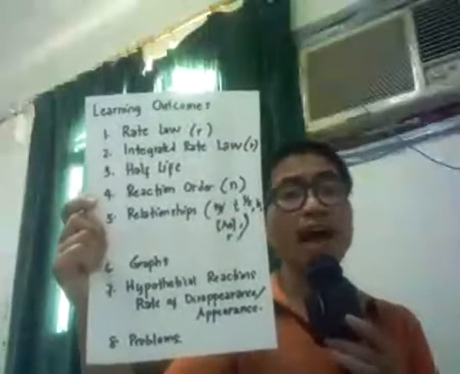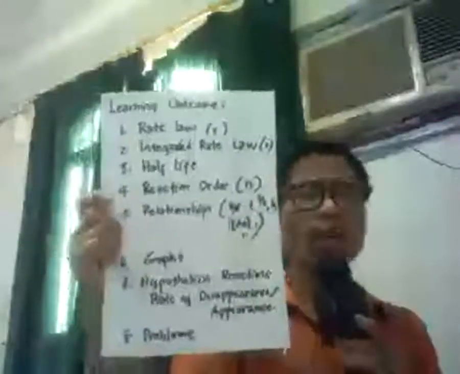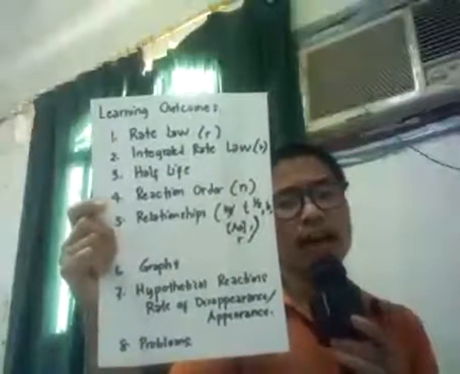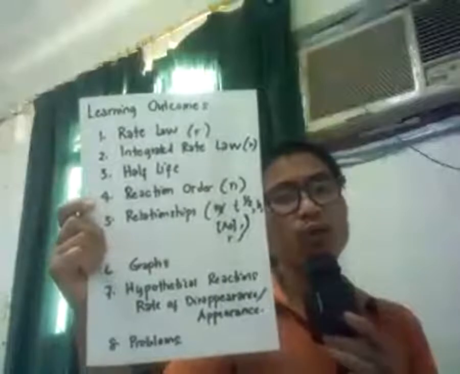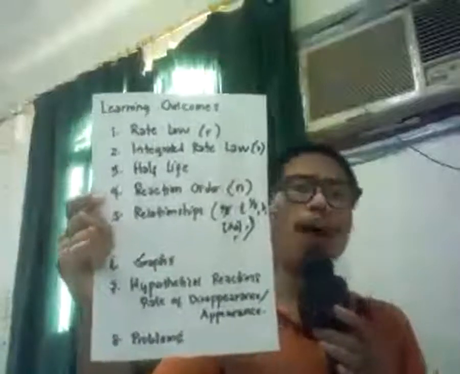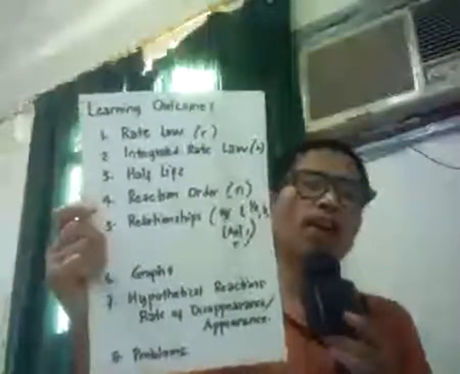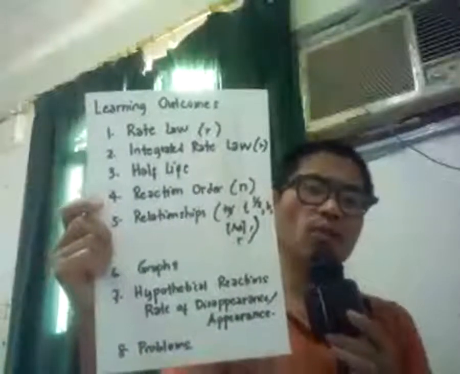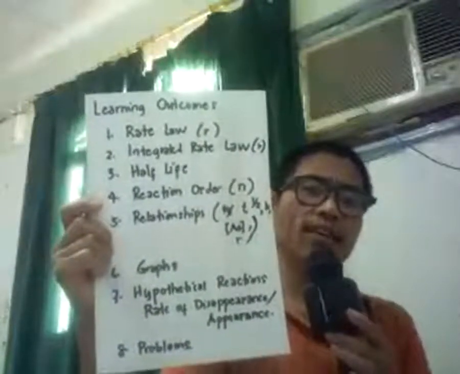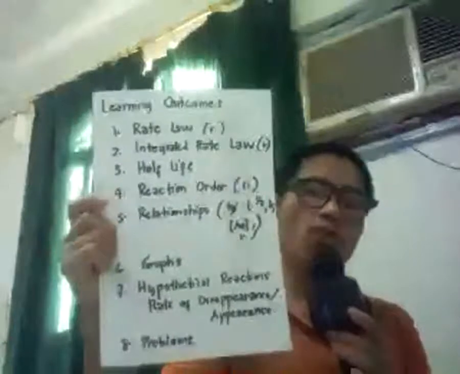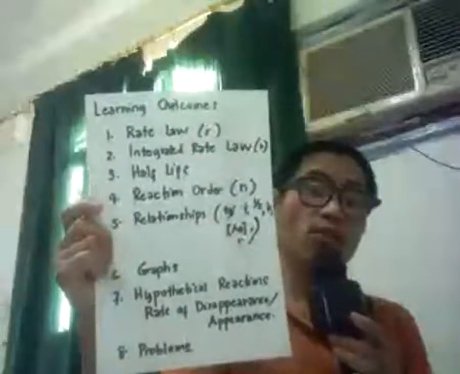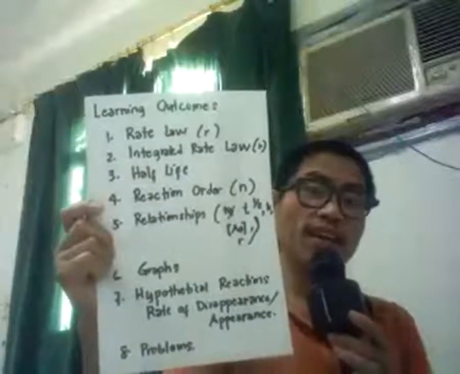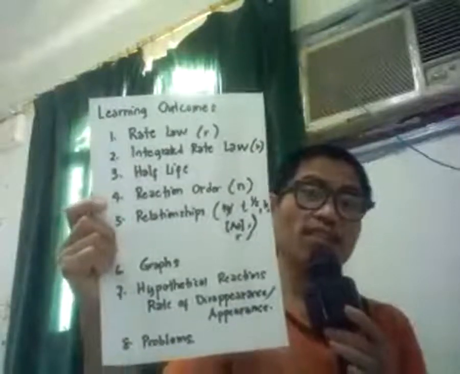Will it rise, will it fall, will it decrease, will it increase? Will our graph produce a curve facing upward, a curve facing downward, or a straight line pointing downward diagonally, or a straight line pointing upward diagonally, or a zigzag representation?